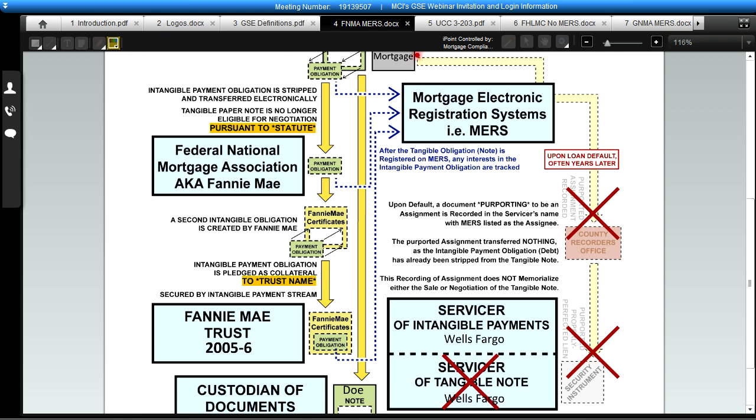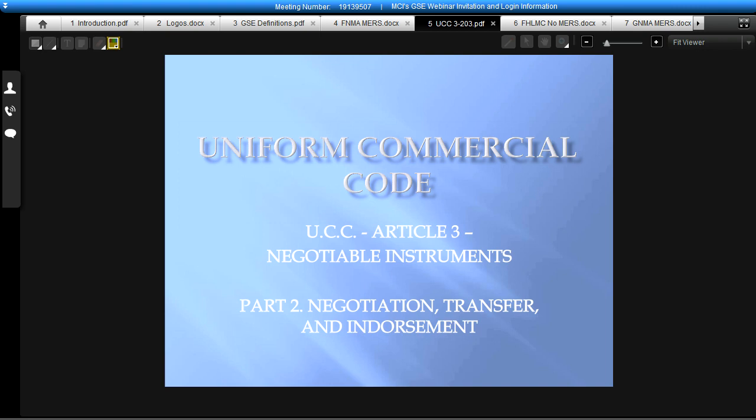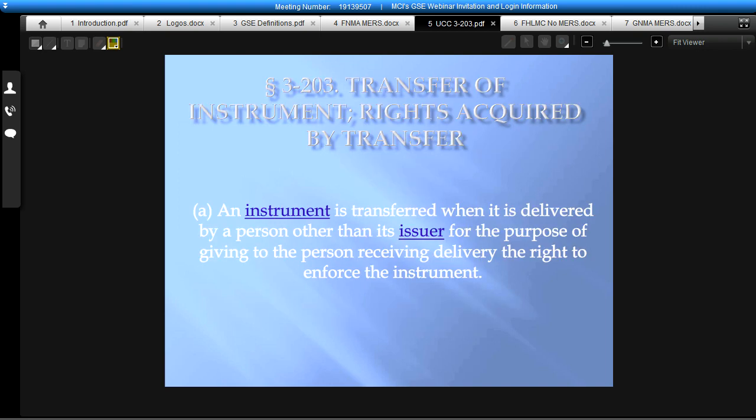Okay, so the statute that we're going to be talking about is the Uniform Commercial Code 3-203, under Negotiable Instruments, Part 2, Negotiation, Transfer, and Endorsement. Under 3-203, Transfer of Instrument, Rights Acquired by Transfer.